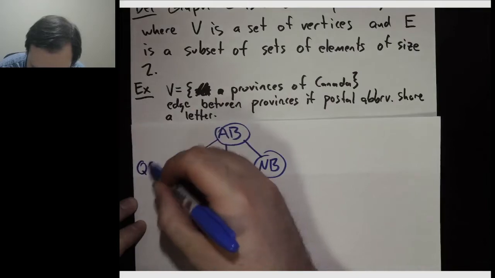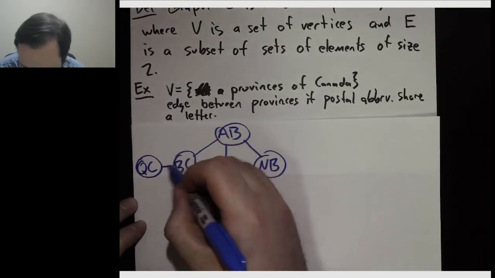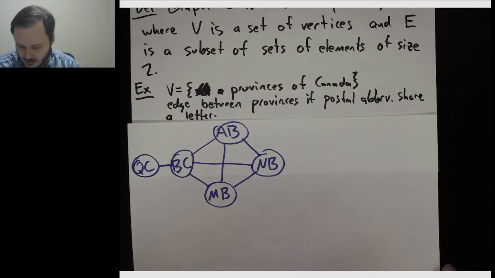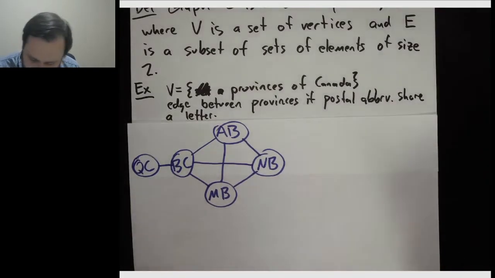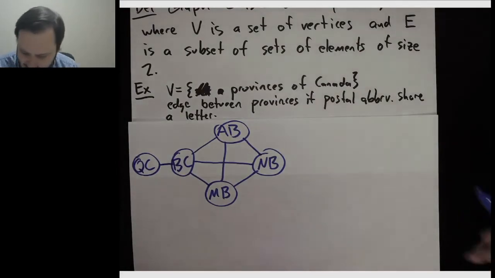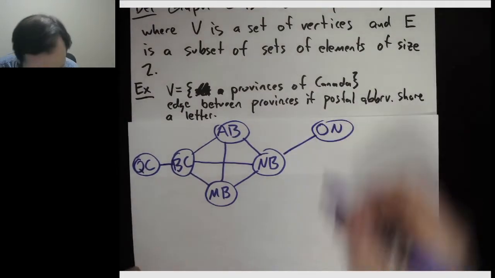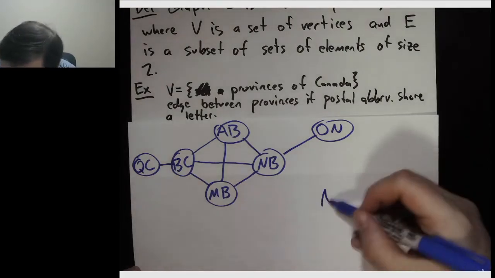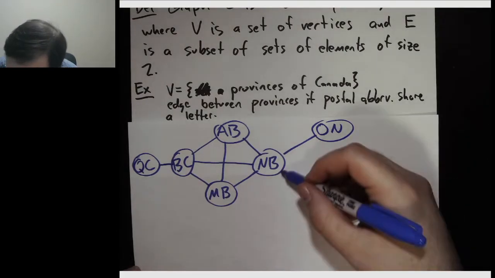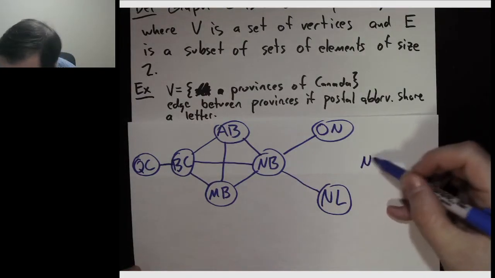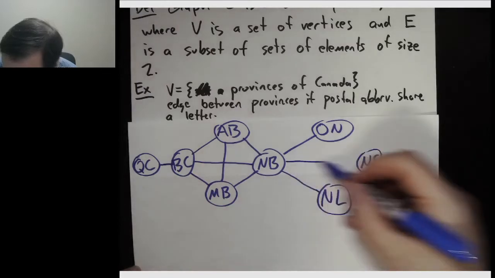So Quebec is QC, so we get to add that edge there. And now there are a couple more provinces with N in it. So we have Ontario is ON, and Newfoundland and Labrador is NL, and Nova Scotia is NS.